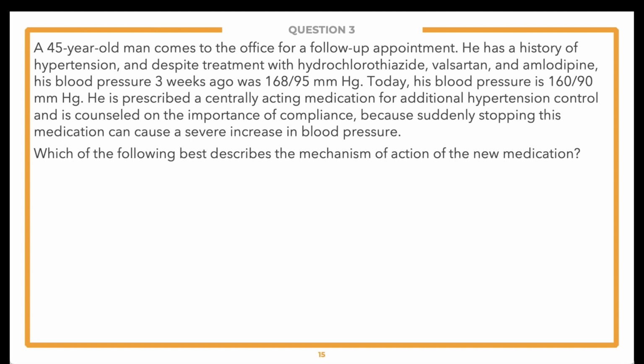He is prescribed a centrally acting medication for additional hypertension control and is counseled on the importance of compliance because suddenly stopping this medication can cause a severe increase in blood pressure. So again, the question: which of the following best describes the mechanism of action of the new medication?